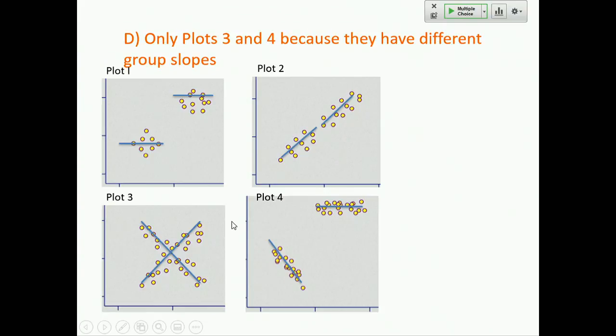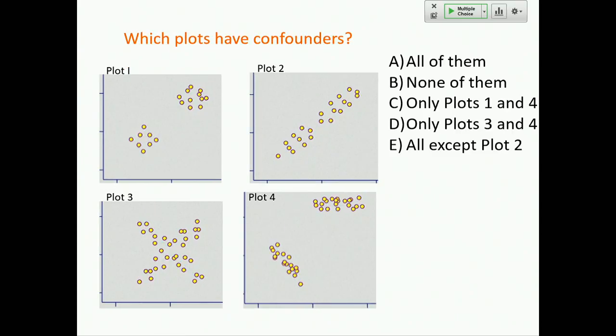Now, this is going to be a hard one, but let's see if you can get this. We might as well try it. Which plots have confounders? I don't expect you to get it right away, but just see if you can figure it out. Remember, here's your overall slope, and that's different than the average of the two group slopes. You're going to have to picture this.